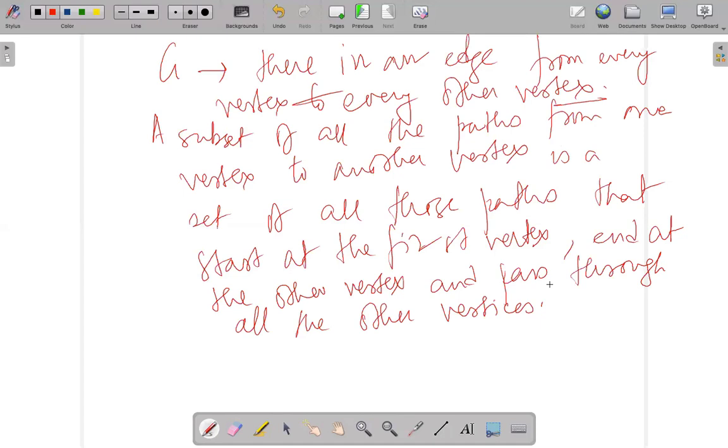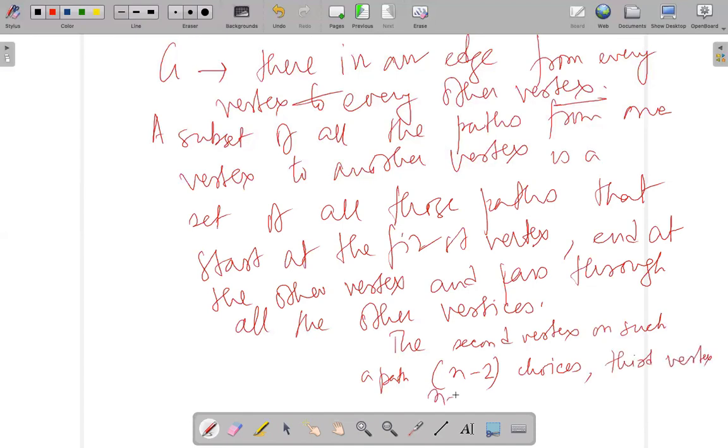So that means the second vertex on such a path will have n minus 2 choices. The third vertex can have n minus 3 choices, and so on, until the second last vertex will end up having only one choice.